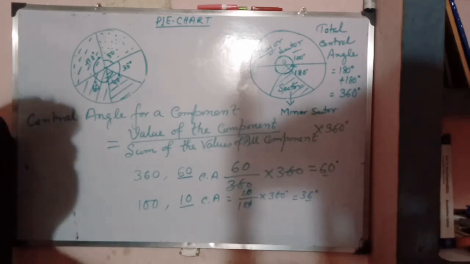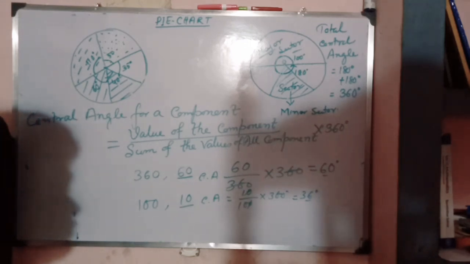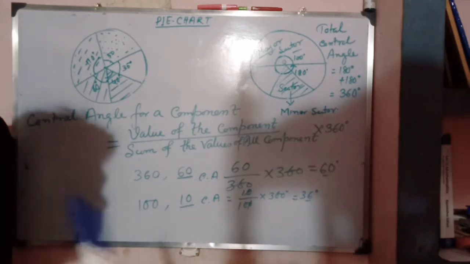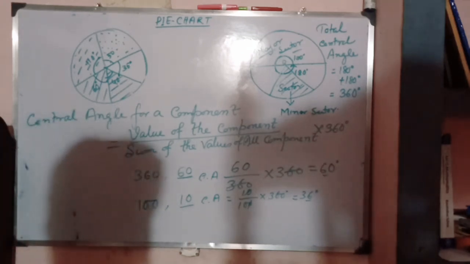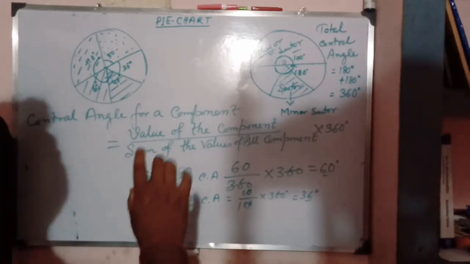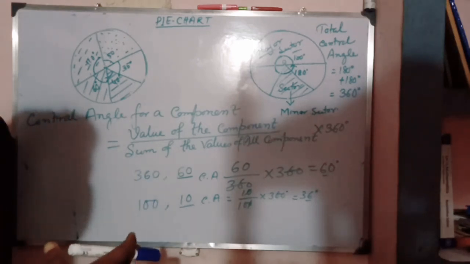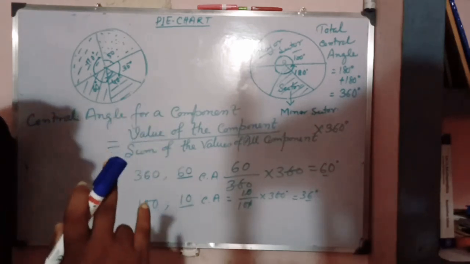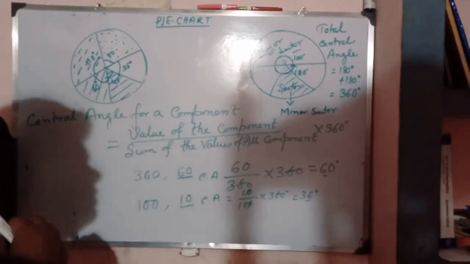Now how can we draw a pie chart of a given data? For that we need a scale, pencil and protector. Otherwise we can't draw the pie chart.